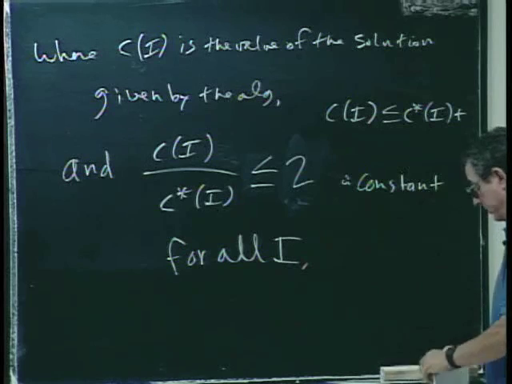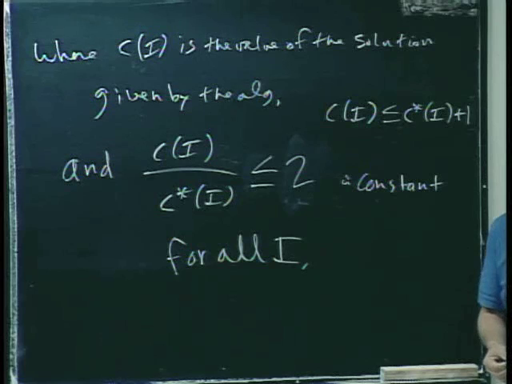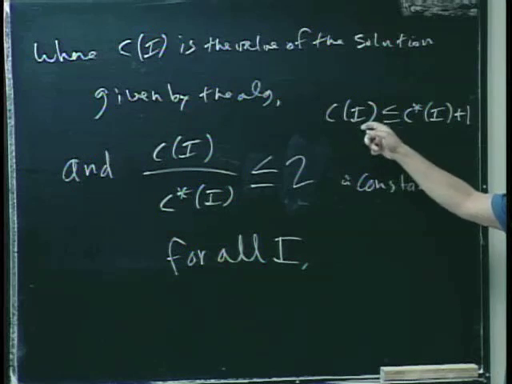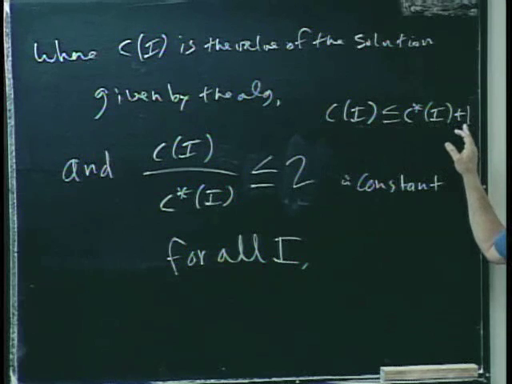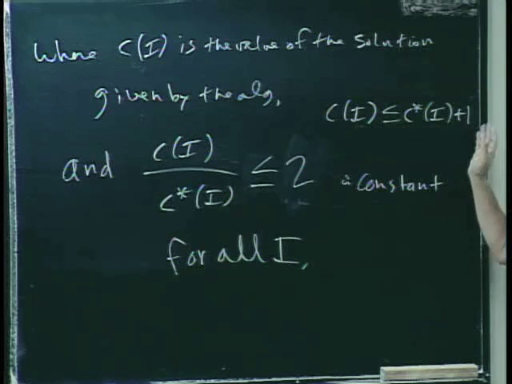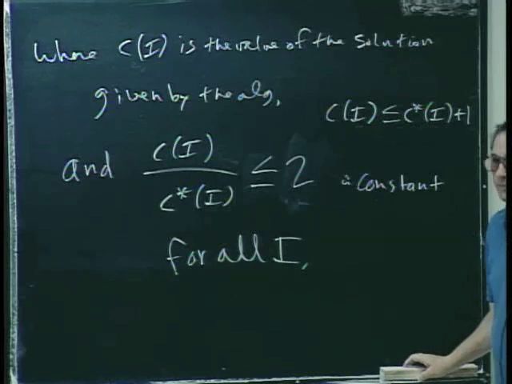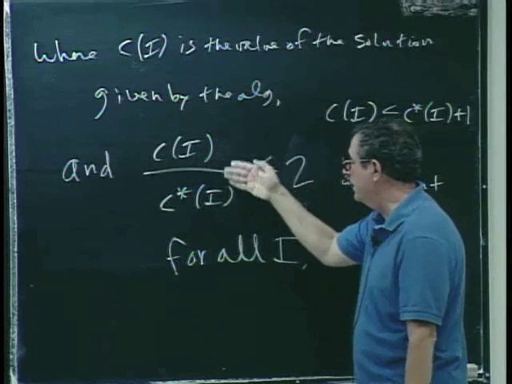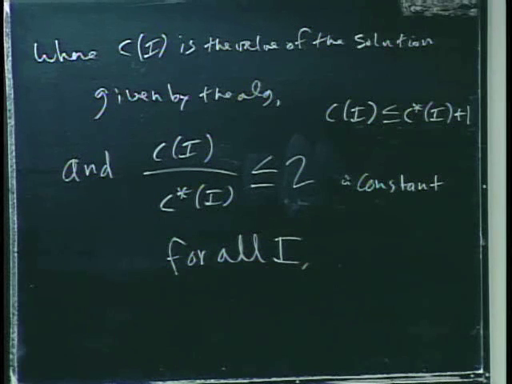In fact, there are even results where the values of the solutions are integral, and we have a fast algorithm whose deviation from the optimal is never more than 1. So that's pretty amazing, and yet we don't have a fast algorithm that is guaranteed to produce the optimal. So I've told you what we're going to do. The kind of result we're going to get is where this ratio is bounded by a constant, and 2 is a common one. So let me look at a particular algorithm, and then next time you'll see another one.